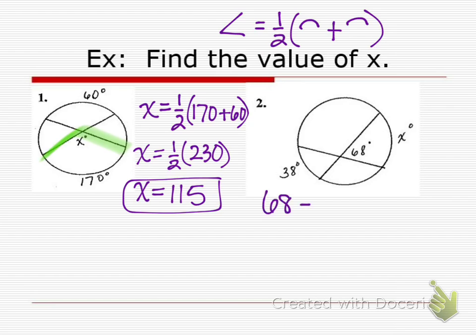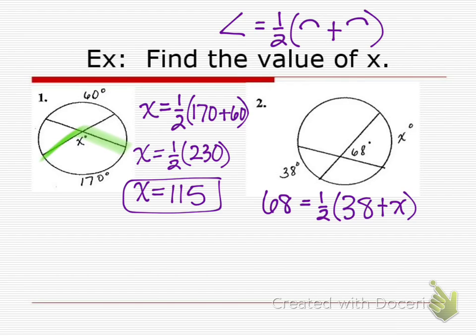So 68 equals 1/2 times, what is one of the arcs that I'm interested in? 38, and the other one is x. So the one that angle creates, that was the x. The one totally opposite from it was the 38. Now we've got two options when we solve one set up like this where the x is not already alone. What's one option? No, we can't subtract anything yet.